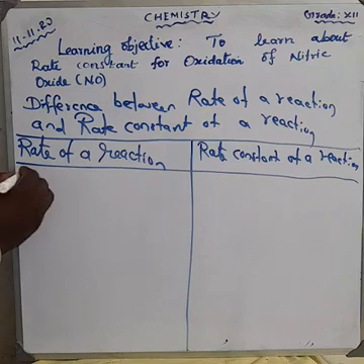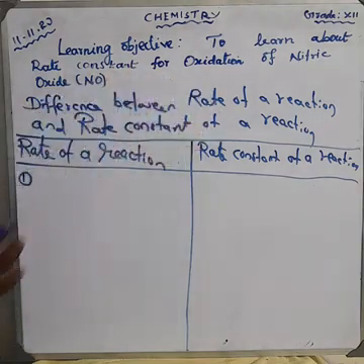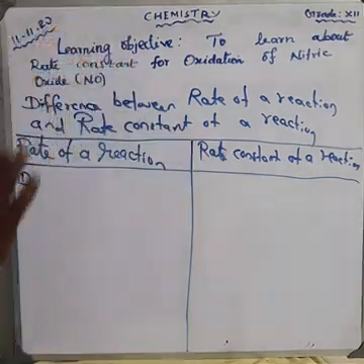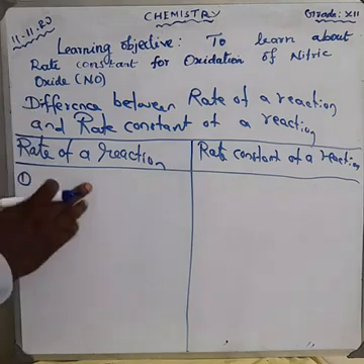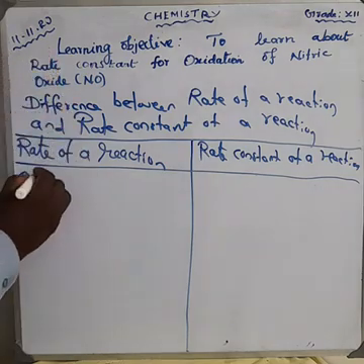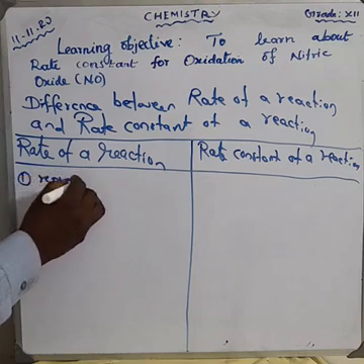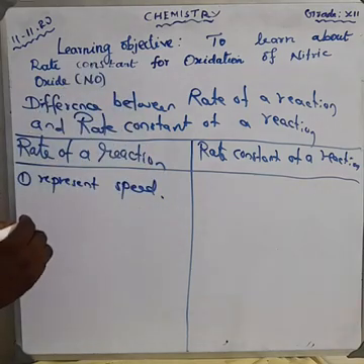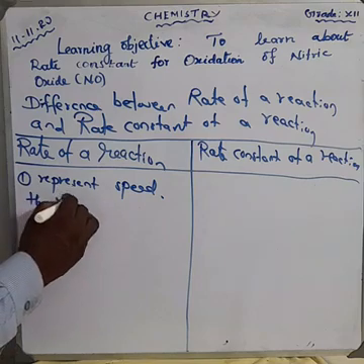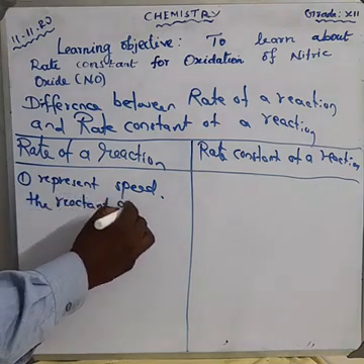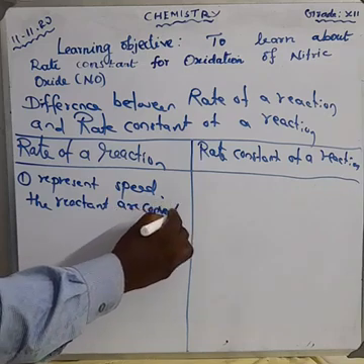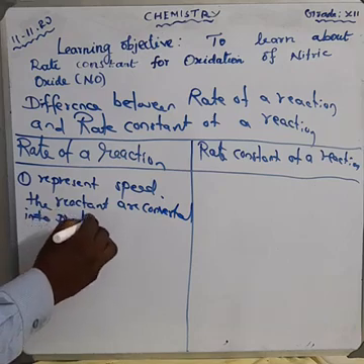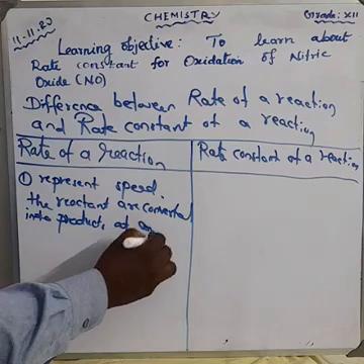The first point: the rate of a reaction represents speed, that means the reactants are converted into products at any instant.